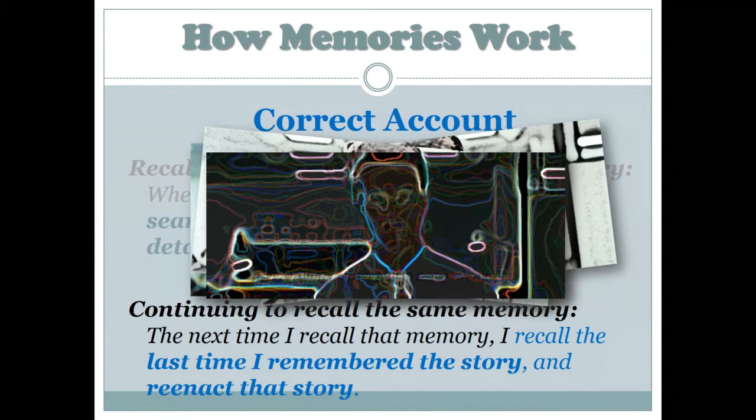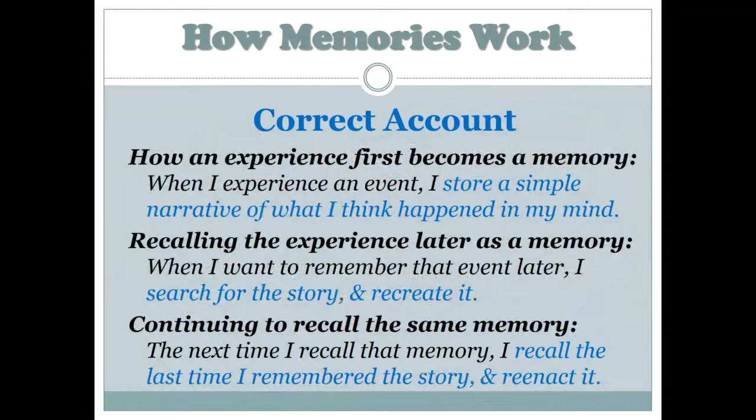The more you tell the same memory, the more you remember the same memory, the more likely it is to get distorted, exaggerated, oversimplified in some sort of way. Very creepy, right? This is the more accurate account of how memory works. And by the way, the implication of this last sentence here, the next time you recall the memory, you recall the last time you remember the story and reenact it, suggests a very creepy implication.